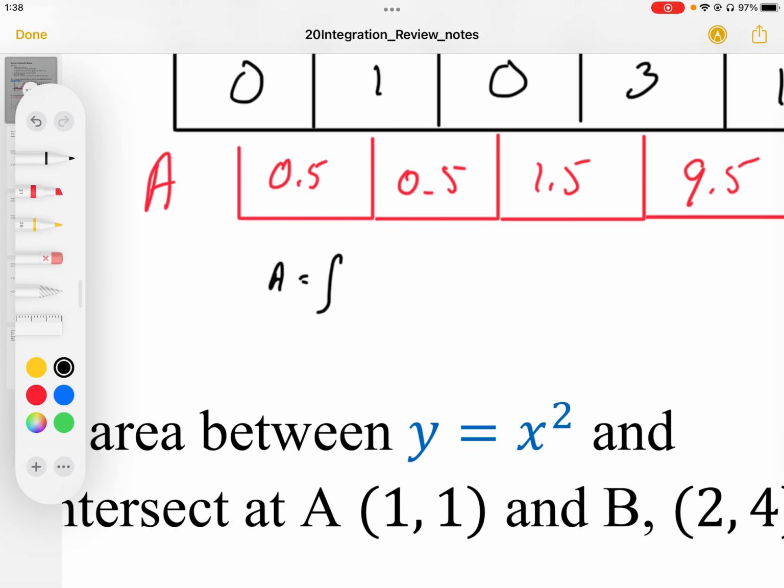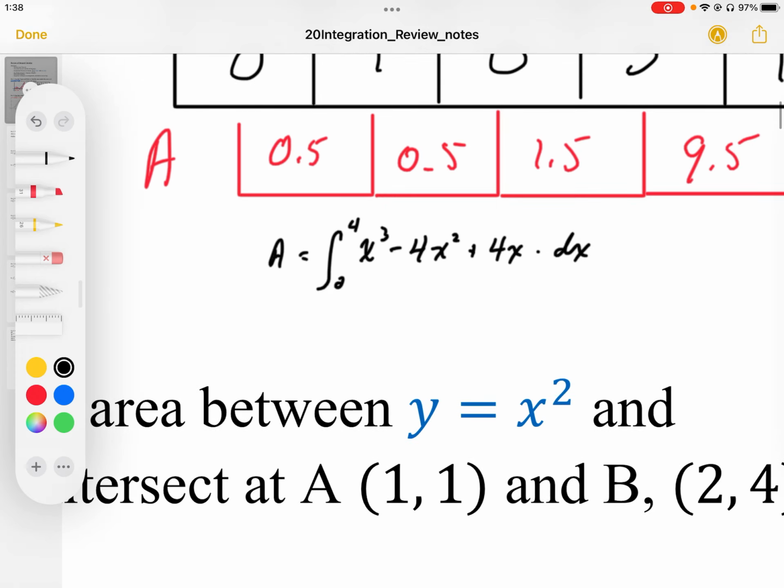Okay, so the actual area is going to be the integral from 0 to 4 of x times (x minus 2) squared. If I expand out those brackets, I'm going to end up with x squared minus 4x plus 4. So I'm going to multiply the x in: x cubed minus 4x squared plus 4x, and then dx.